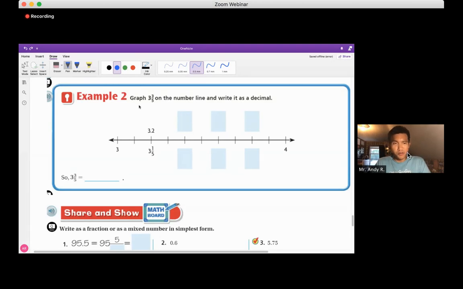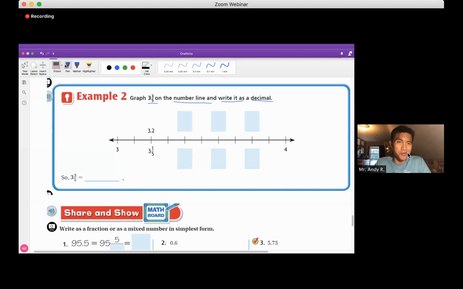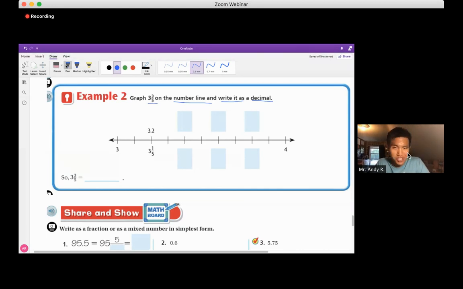Alright, so we're going to do this question now. Graph 3 3/5 on the number line and then write it as a decimal. Let's look at this number line. A number line is basically a line with numbers showing you the direction and how much one number is out of another number.